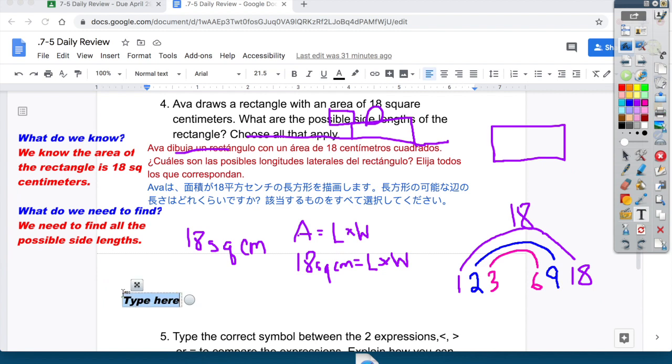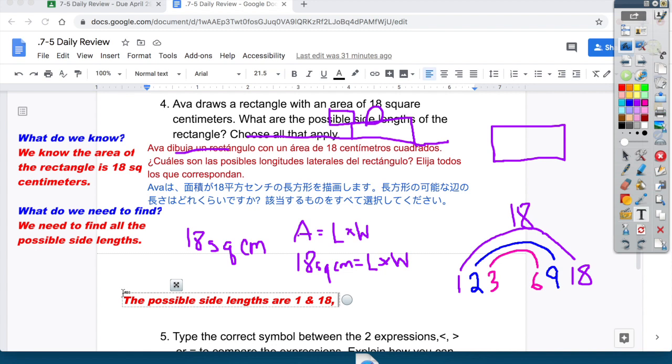So our answer is, the possible side lengths are 1 and 18.